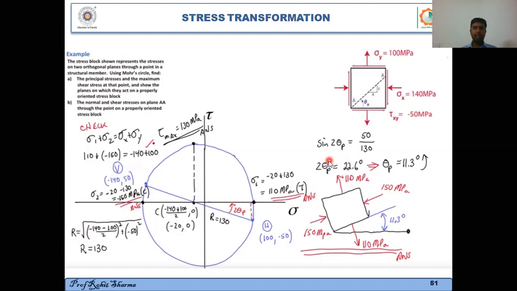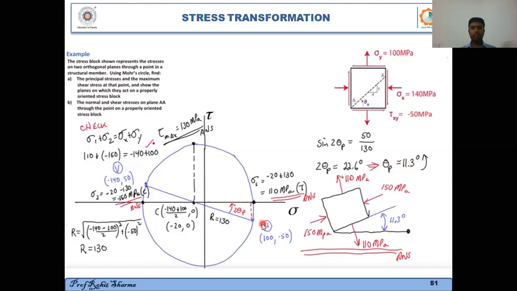Also, please note that we move twice on the Mohr circle. If we move by an angle theta on the stress block, then we move by angle 2 theta on the Mohr circle. So if 2 theta p is 22.6 degrees, then theta p will be half of this, which is 11.3 degrees.